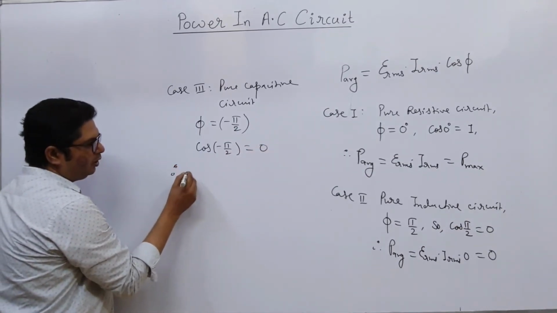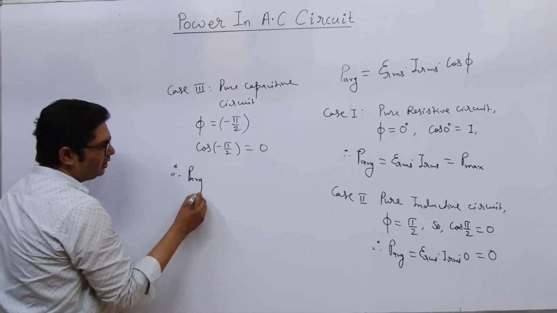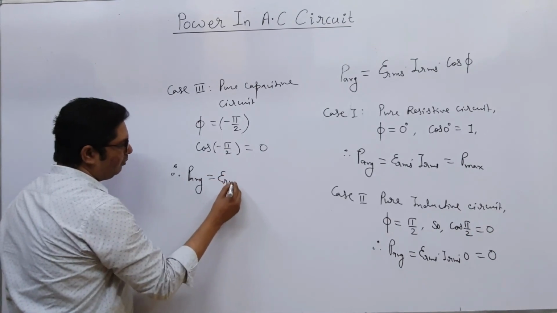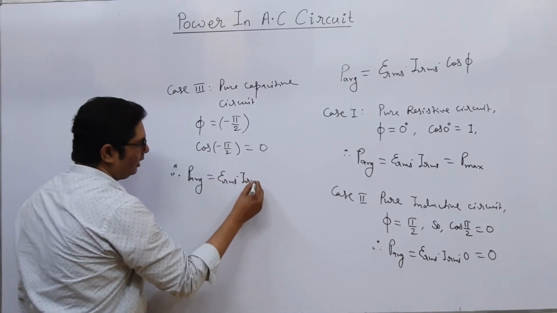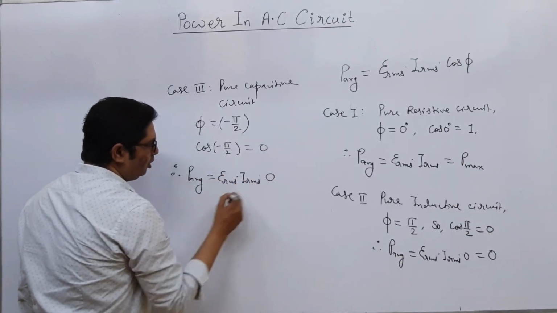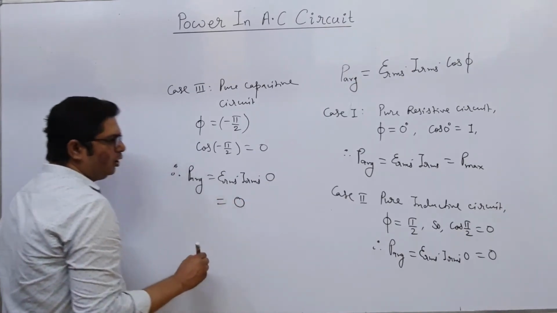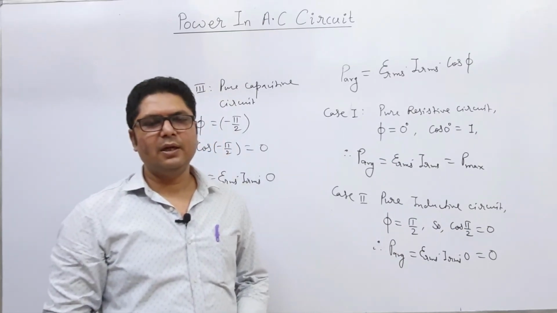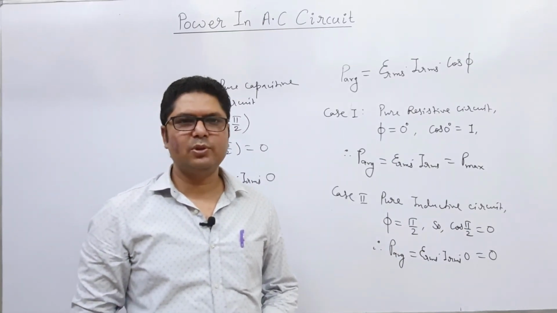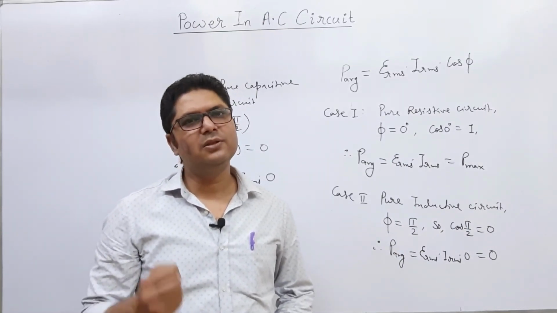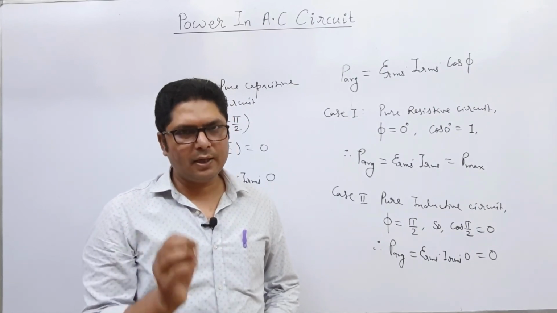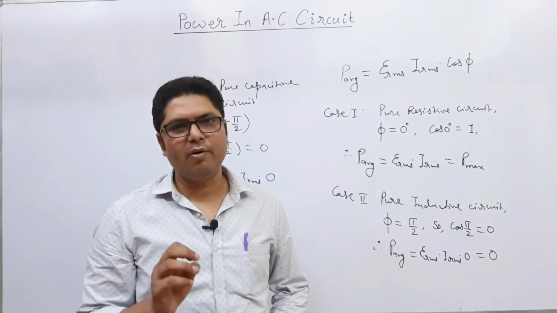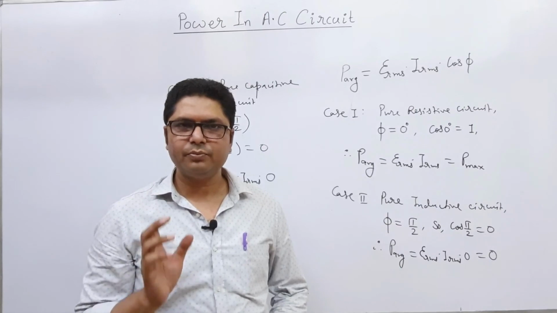Therefore P average is equal to ERMS into IRMS into 0, which is equal to 0. This means that in the case of a capacitive circuit and in the case of an inductive circuit, power consumed is 0. But in the case of a resistive circuit, power consumed is maximum.